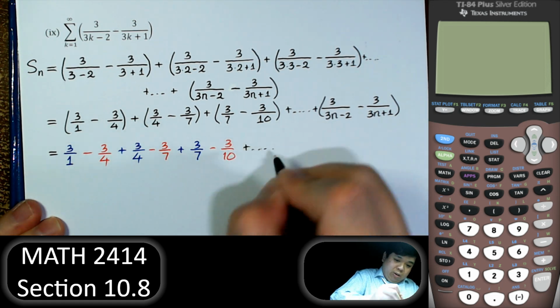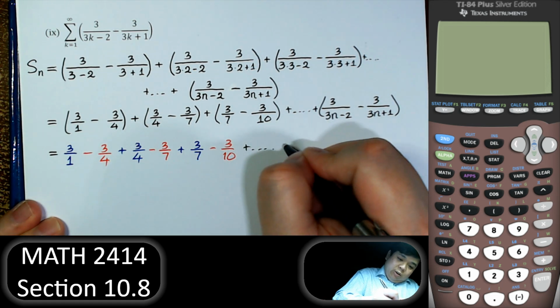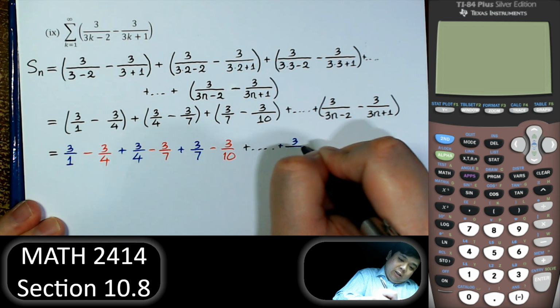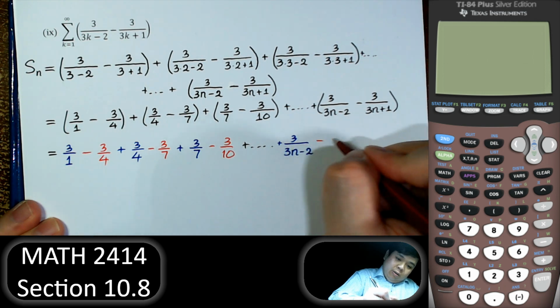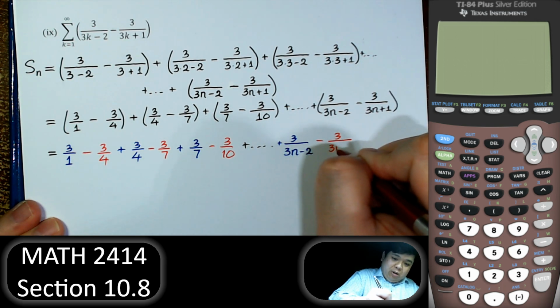I don't know what's in the middle here, but up to 3 over 3n minus 2 minus 3 over 3n plus 1.